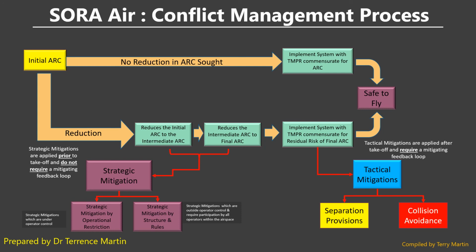So the SORA offers up avenues for reducing the raw risk estimates so that your TMPR load could be reduced. Recall I walked you through that in an earlier section, and these come in the form of strategic mitigations and some additional tactical mitigations that may be deployed.